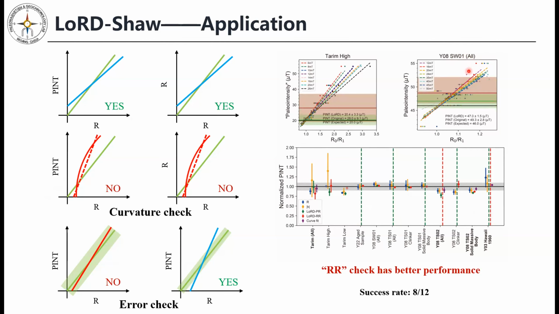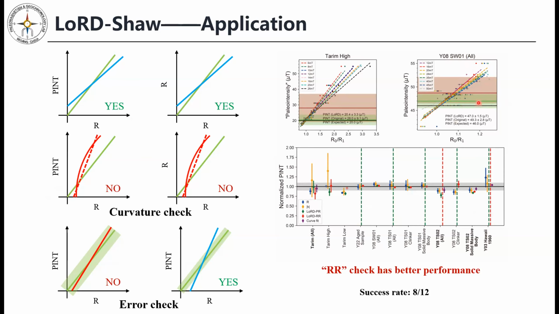We just select the characteristic components from 18 millitesla coercivity to its maximum AF demagnetization, and we can have some good result here.